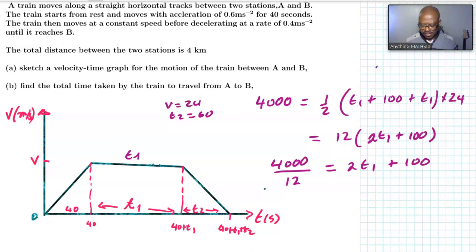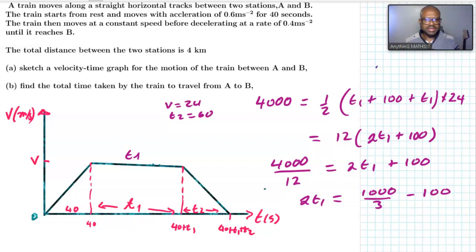Now, if you work it out, divided by 12, you will get 2T1 should be equal to 1,000 over 3 minus 100. Subtract the 100 from it.